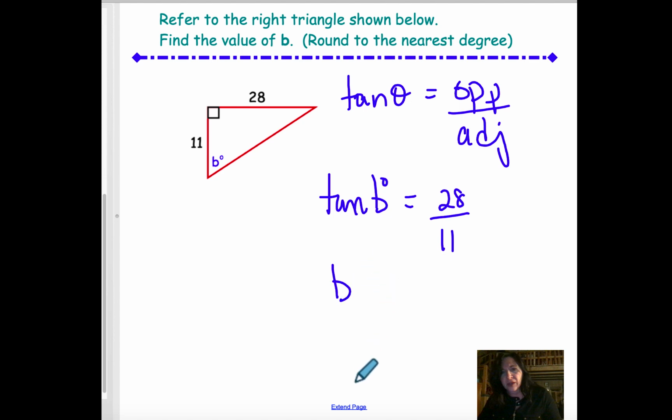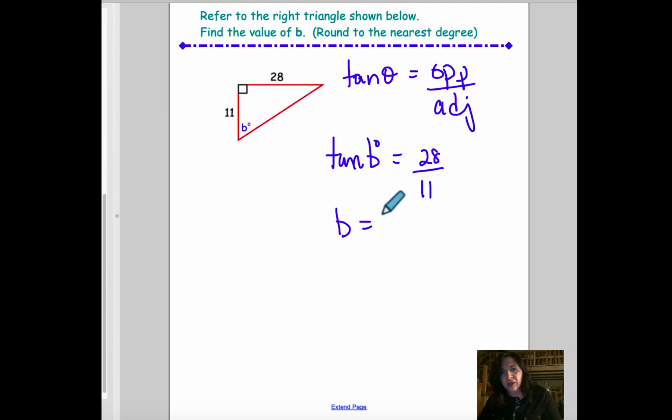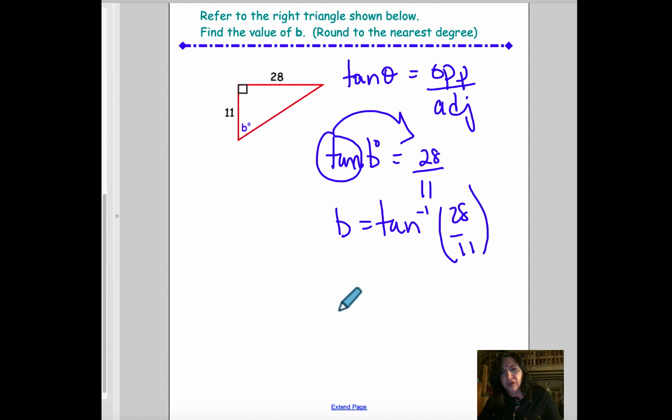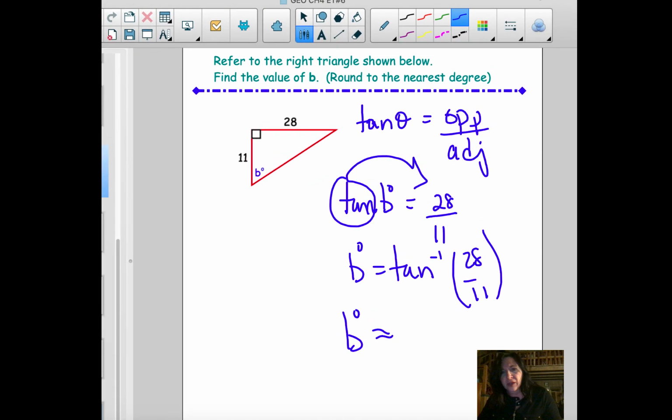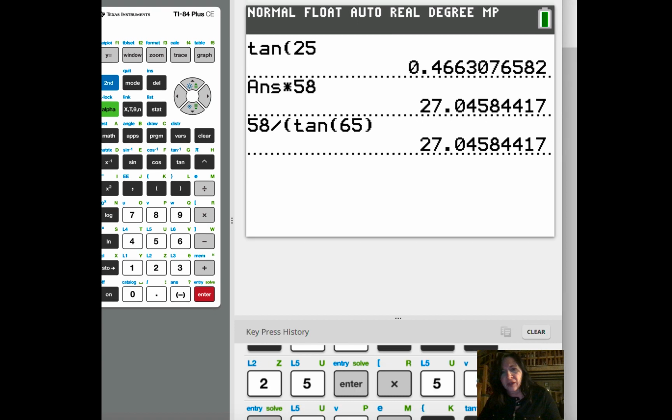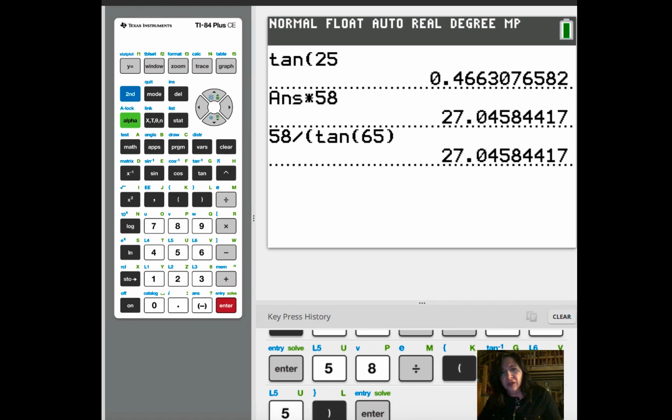So B is equal to arctangent. Remember, when you move this tangent over to the other side, it becomes arc, and that's going to be 28 over 11. And so angle B is going to be approximately arctangent of 28 divided by 11. Let's do that.